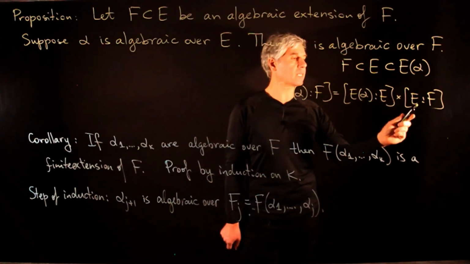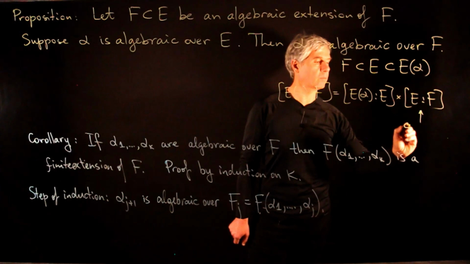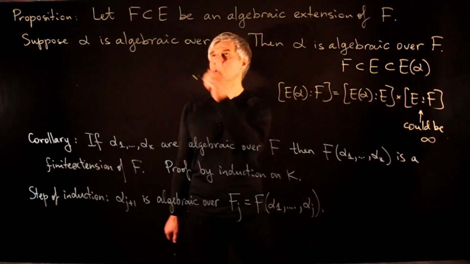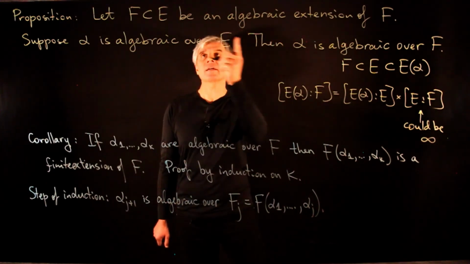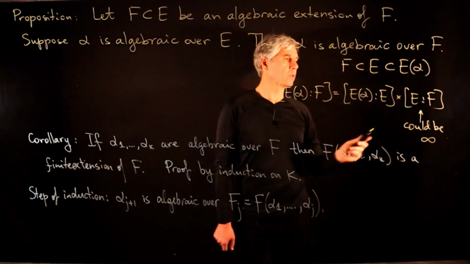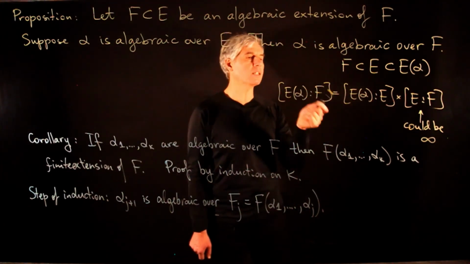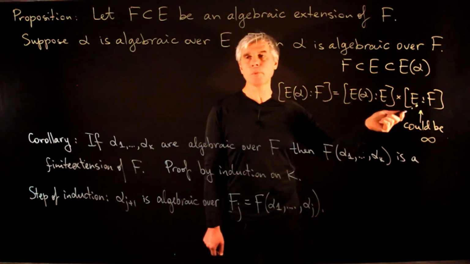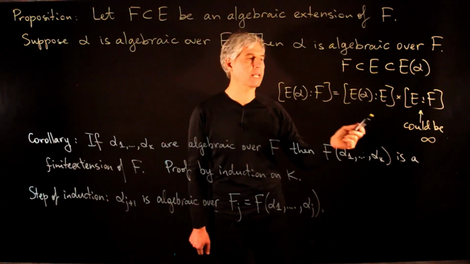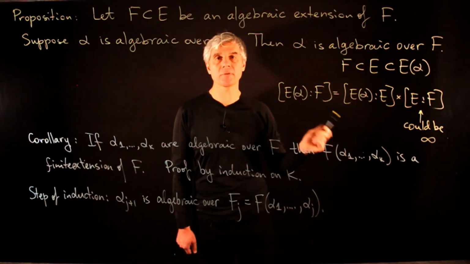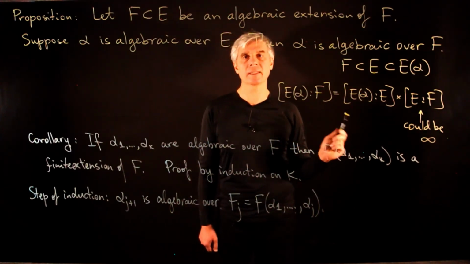But the problem is that E over F could be infinite. So here we only say that it's algebraic and we don't say that it is finite. If that extension were finite, then we would immediately get the result. But we could possibly have infinite algebraic extensions, and so this argument does not work, at least not directly, so we need to modify it a little bit.